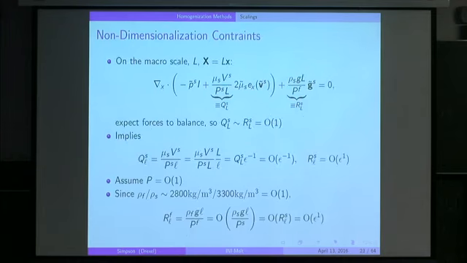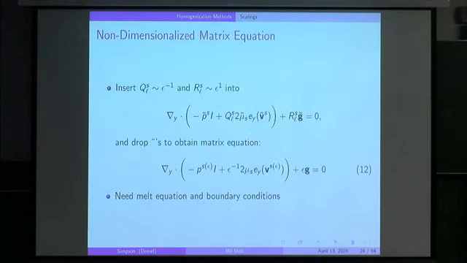Now, the other thing is that the densities of the two materials are quite comparable between melt and matrix. So that tells us that this ratio of pressure gradients to buoyancy forces for the solid and the fluid are both about the same, order epsilon. Okay, so I stuff these parameters in, I drop the tildes, and there's my matrix equation.